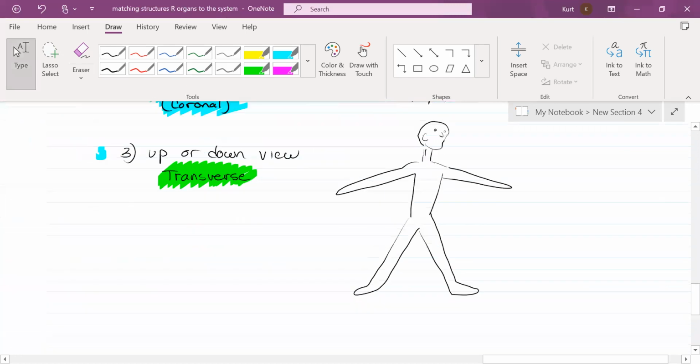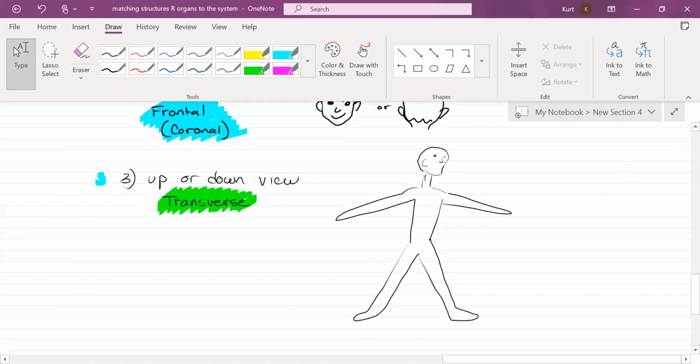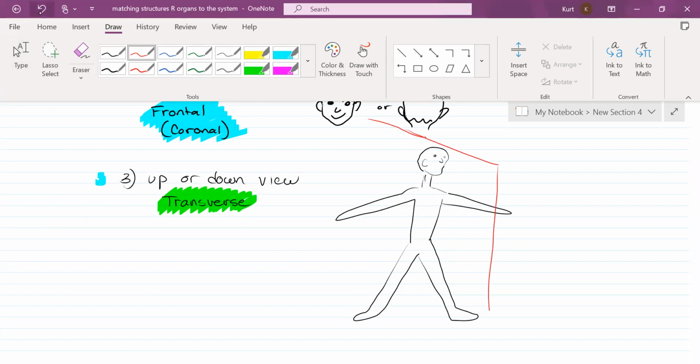I'm going to draw a plane and you tell me which kind it is, okay? Here we go. Oops, that's bad. Try that again. Here we go.